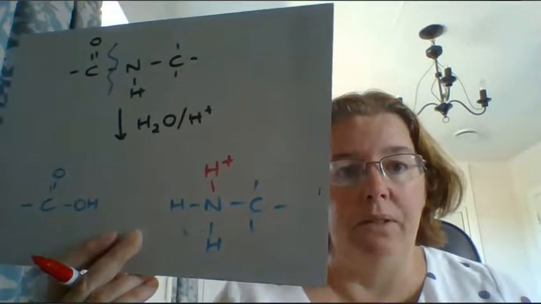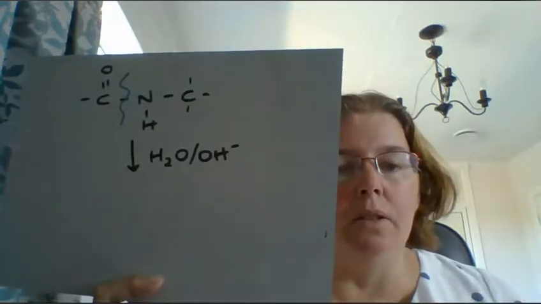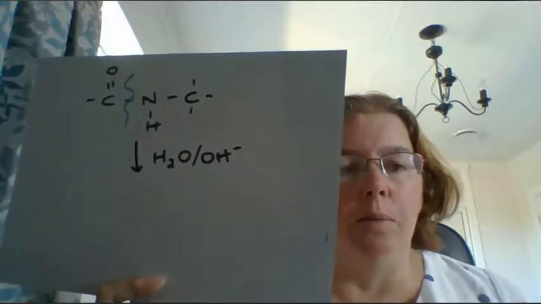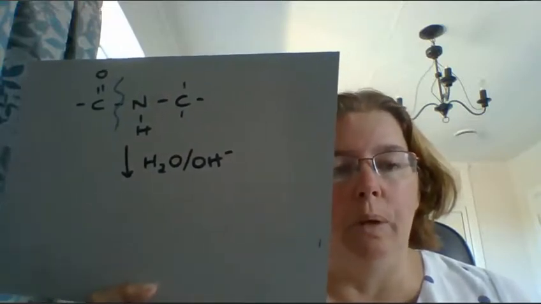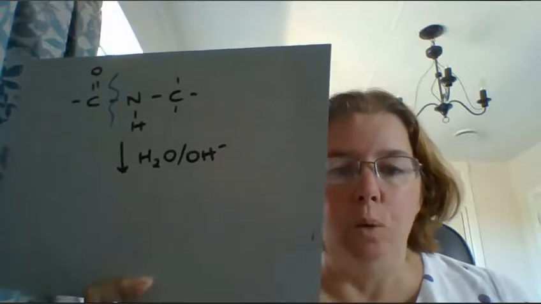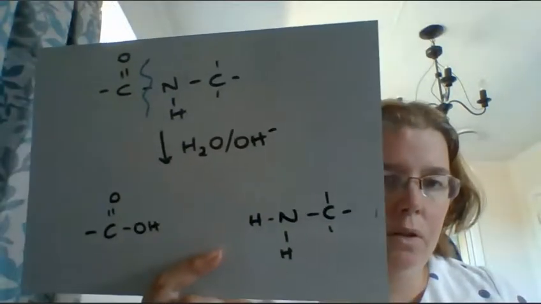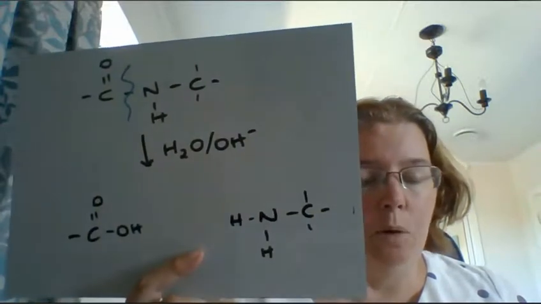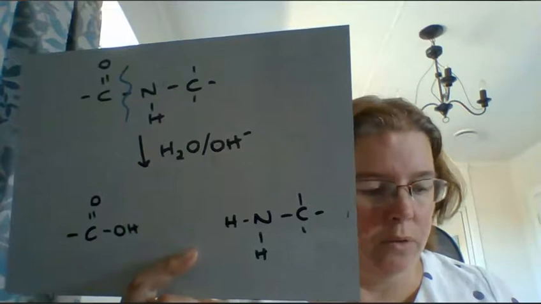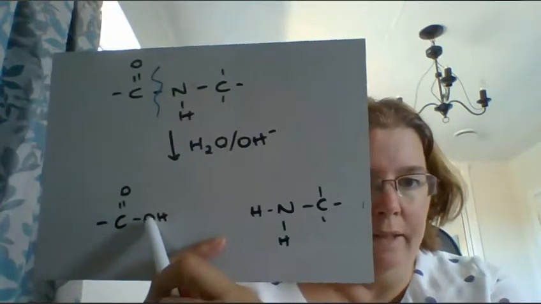Well, how does it change in basic conditions? In basic conditions, the first step is still the same. You split the molecule in half into your carboxylic acid and your amine, just as so. This time we're in basic conditions, so the base, of course, is going to react with our acid.